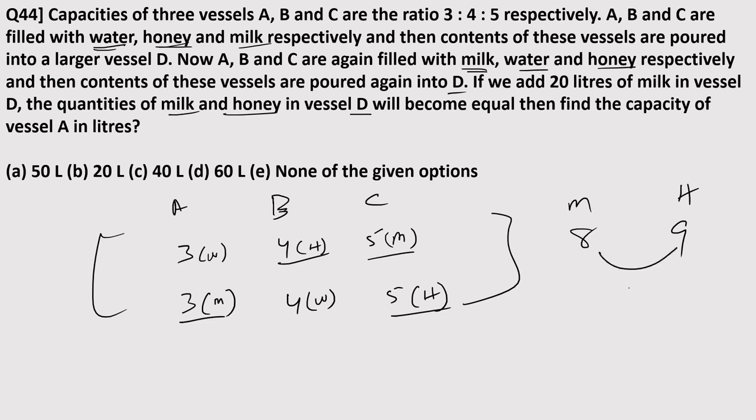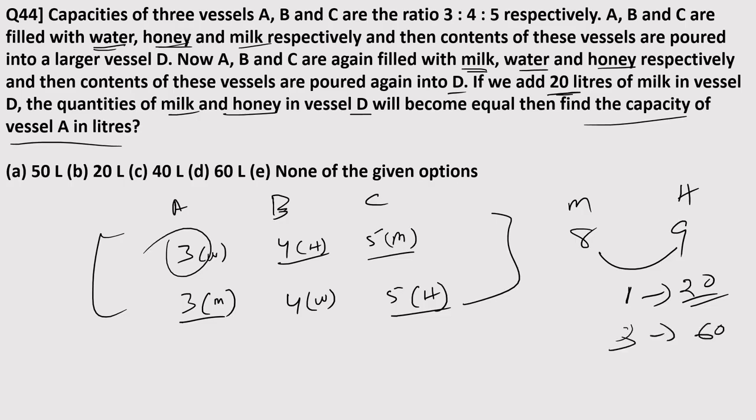So the gap is 1 unit. This is basically 20. If 1 unit corresponds to 20, it is asking to find the capacity of vessel A. Vessel A is 3 liters, 3 units, that is 60. It is the simplest way to solve this question. Don't complicate or else the question will get lengthy. Option D is the answer.